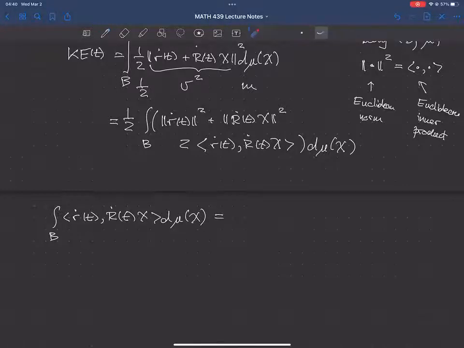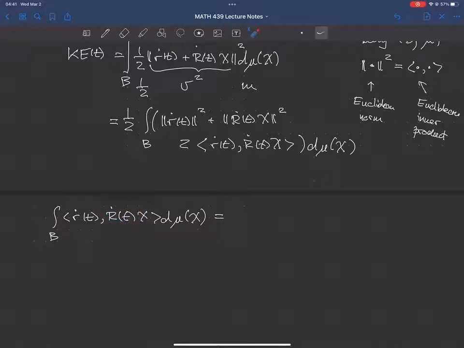and so to expand this, we're going to use linearity of the integral first, and so we'll move the integral inside the inner product. Remember, the integral is with respect to chi, and this is independent of chi, as is this. So we'll move the integral inside the inner product, and then we'll also move it inside the matrix multiplication by r, because that's linear.